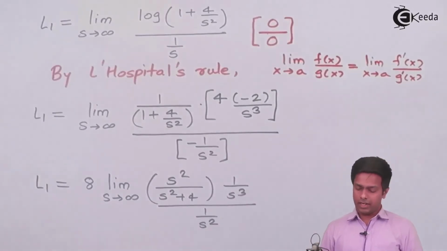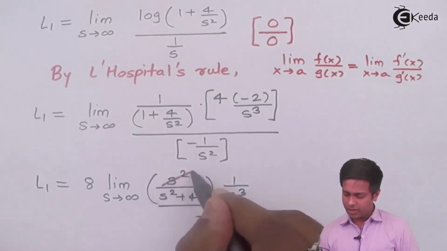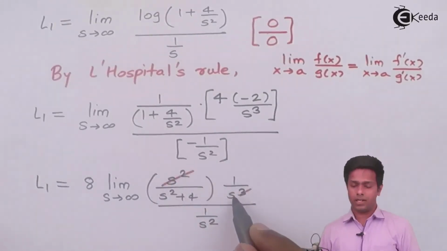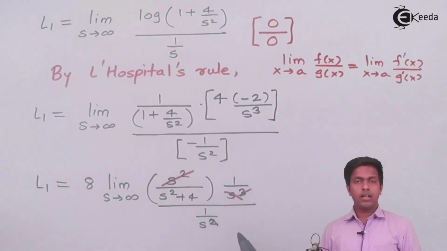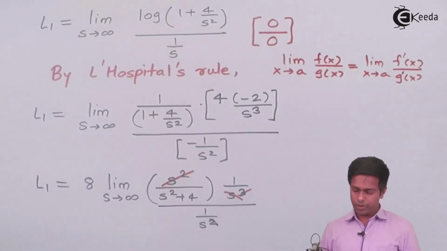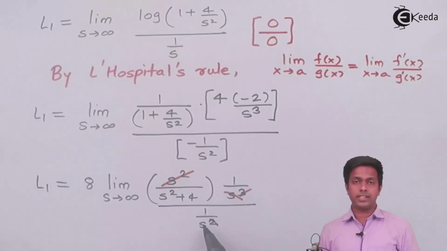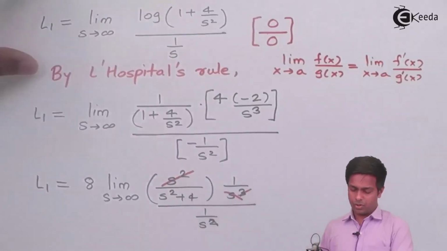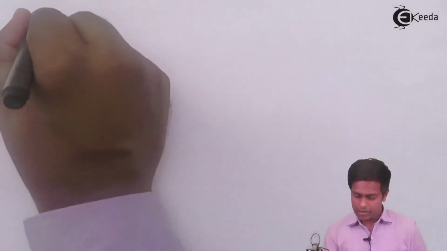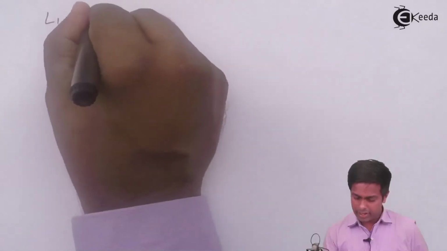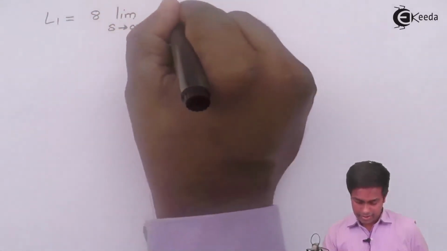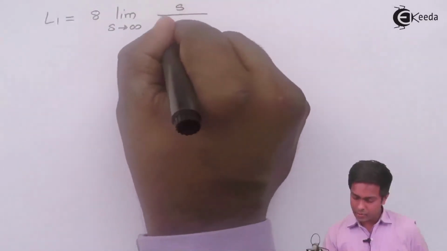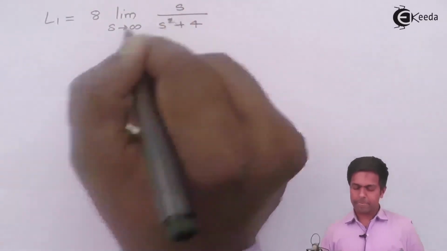Here I can cancel this s square with s square, one s will remain, and I can cancel this one s with that one s. Now I got one more s, so we can shift this s to the numerator. So we get L1 equal to 8 times limit s tends to infinity of s upon s square plus 4.